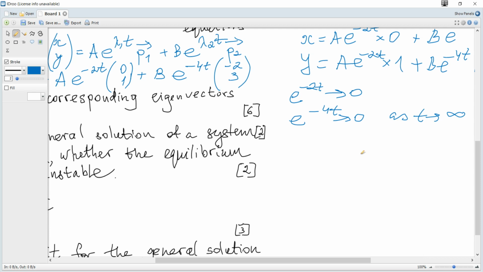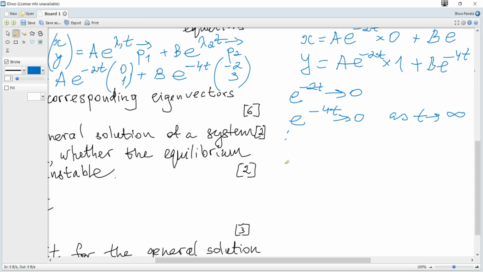So when time increases, these values decrease to 0 and our x and y values tend to 0. So we say that our system is stable, or the origin will be a stable equilibrium point, or asymptotically stable. Asymptotically means when t is very large. So our system is stable.